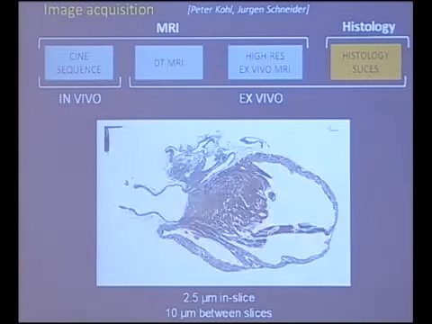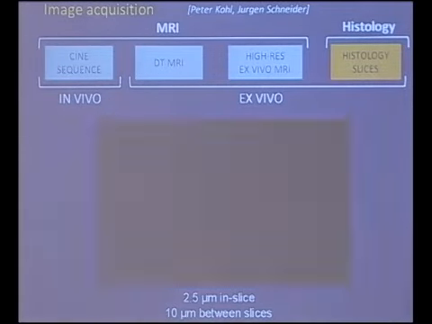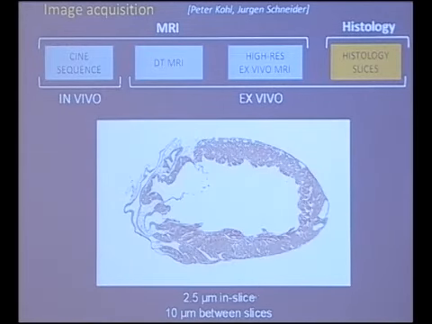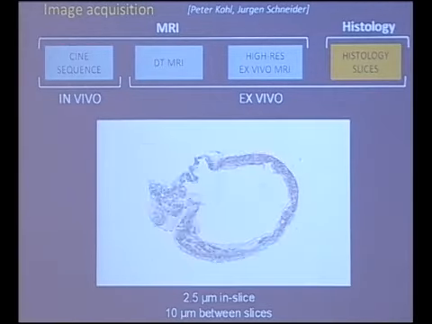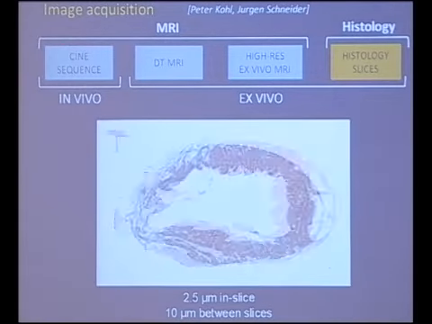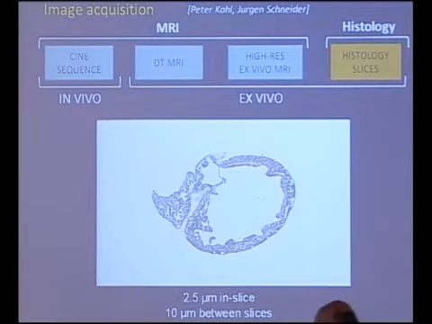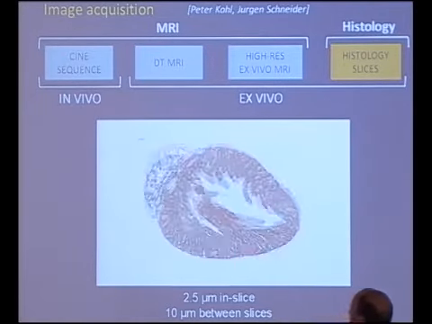And if I can move to the next one. Now this is the best in terms of resolution and tissue identification. This is the same heart, but now these are histological slices acquired at, in this case, this one is a rabbit heart, I have to say. This is 2.5 micron in slice and about 10 micron between slices.